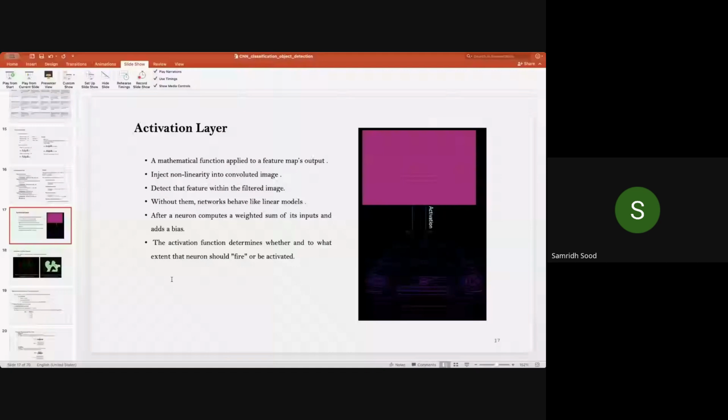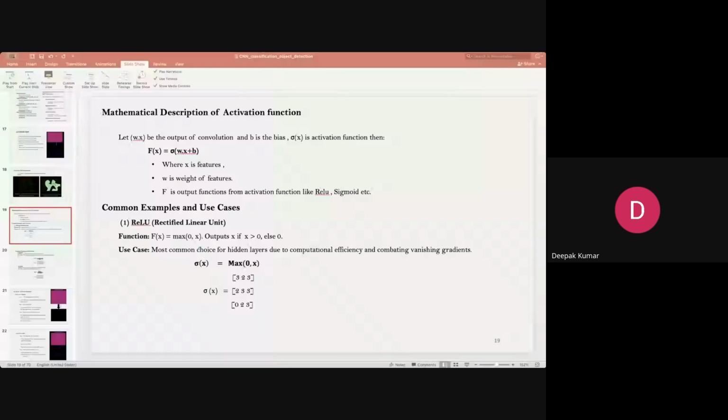Your slides are not moving actually. Yes, sir, we are stuck on slide 16. Now it's 17, I am at 17, the activation layer. Now moving? No, sir. What happened? Let me check here. Now we are on 19th.